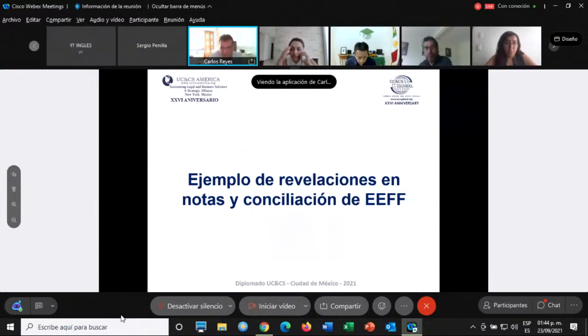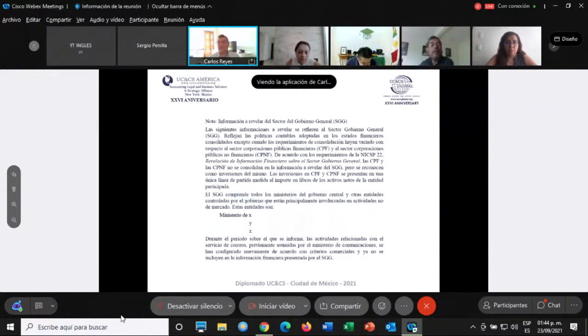So look at these note disclosures and also a reconciliation. Disclosed information refers to general government, and this is in the policies notes. Those are the presentation basis. Accounting policies are reflected, with the exception of some variations of financial public corporations.